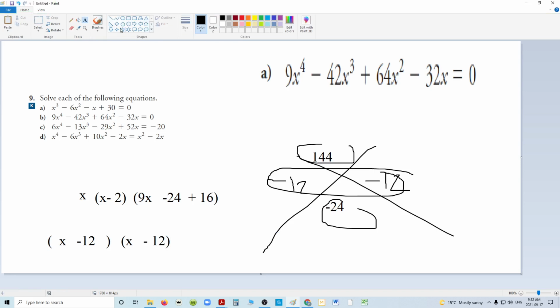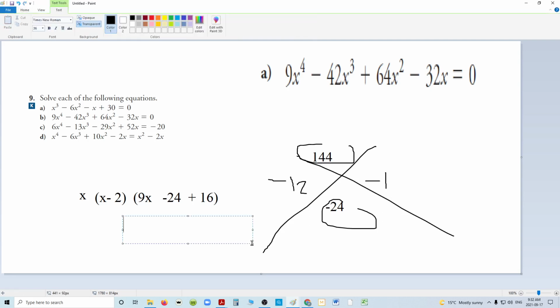Okay, and when you take the number in front and put it over 9, 12 divided by 9, those both can be simplified to 4 over 3. So I'm left with x minus 4 here, and then the 3 just slides in front of the x. So the factors I'm actually dealing with are 3x minus 4, 3x minus 4 squared.